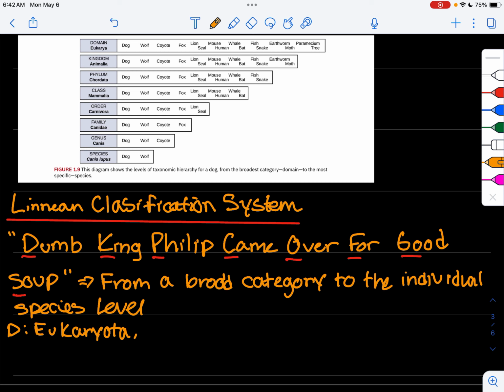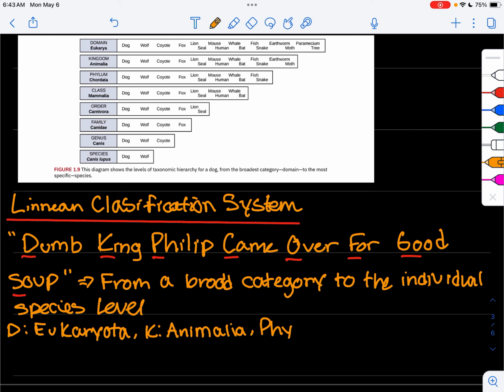We'll talk about that more later. The kingdom that we belong to, forgot I was just abbreviating these. So domain, kingdom, the kingdom we belong to is Animalia. Which makes sense, we're an animal, right?